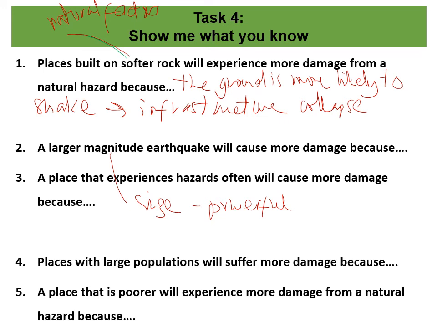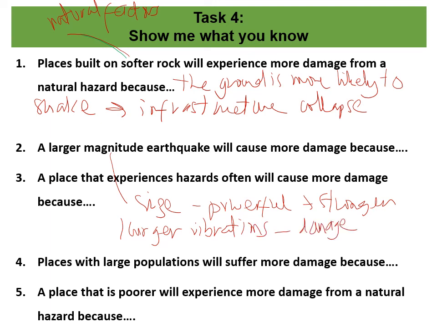So as a result, the earthquake will be stronger, which will result in larger vibrations, and this will then damage the infrastructure above. Now, if the infrastructure is damaged, that could then lead to more injuries, more death rates. It could also mean that major buildings like hospitals could be destroyed, so then the responses are going to be much worse.